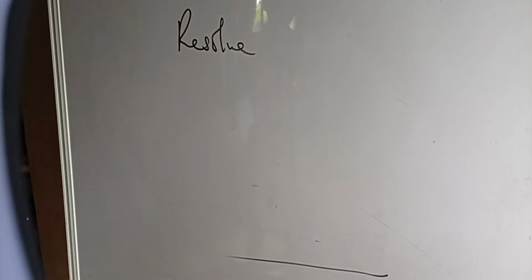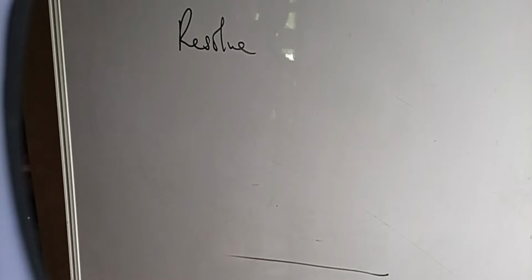Fine, okay. The light is blocking the board. Better. Which light? Okay, the arrangement should be better, right? How about like this? I think it should be okay like this. Is it okay? Can't see, sir. What can't you see? You can't see what I wrote on the board. Resolve. Okay.